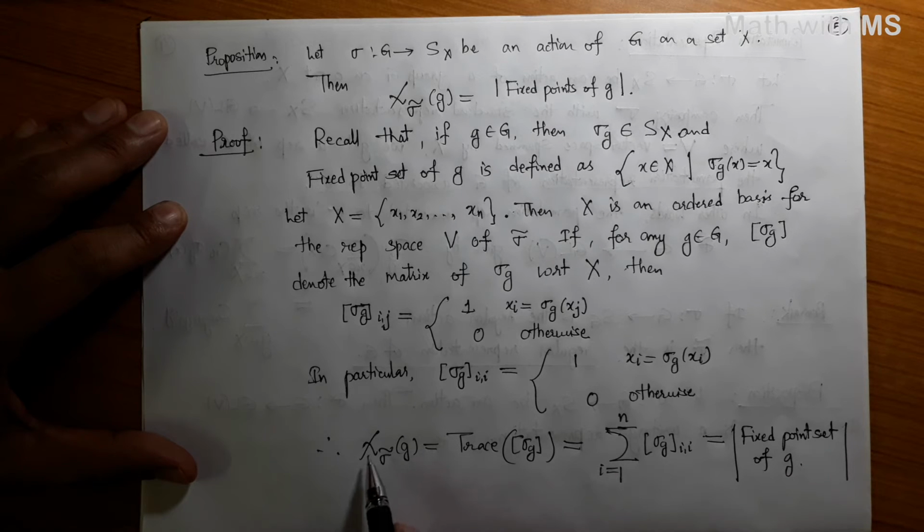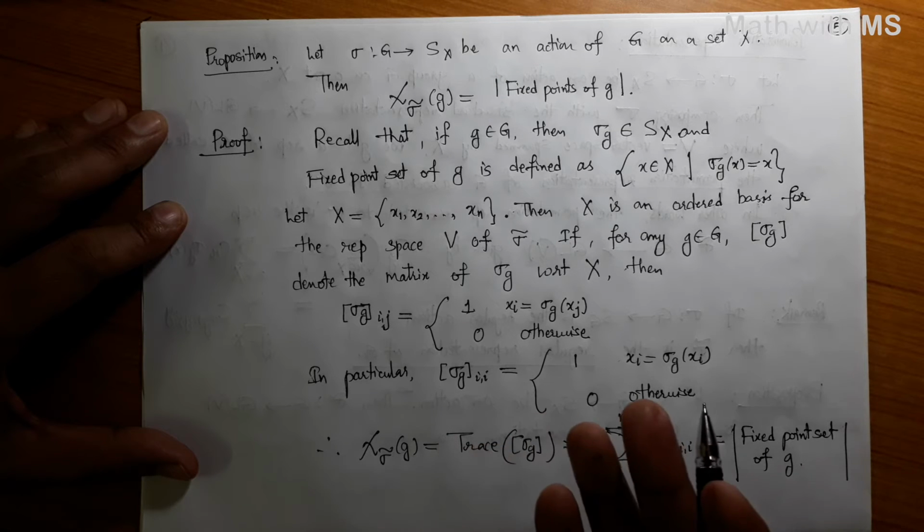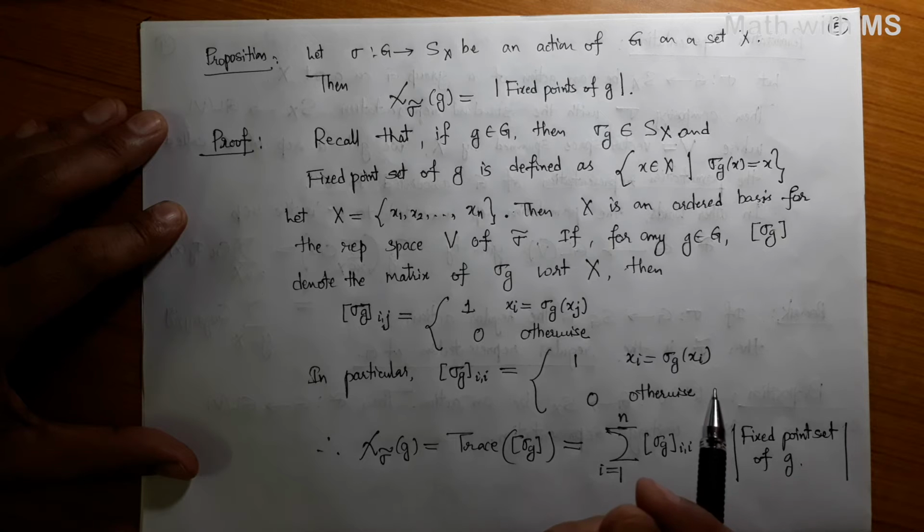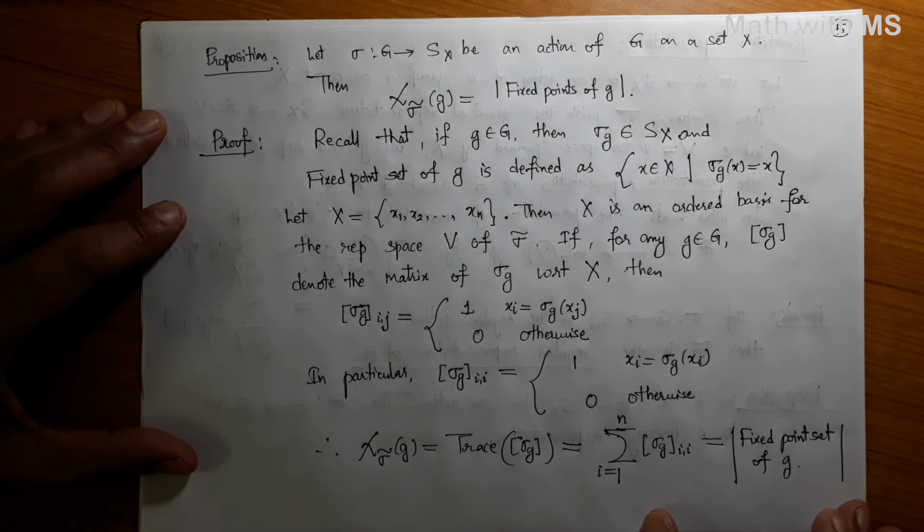Therefore, the character of the regular representation at a non-trivial element will be 0. And at the trivial element, we always know, it's a general fact, that it is precisely the degree of the representation, which is n here. So you get back the earlier result for the regular representation of a group.